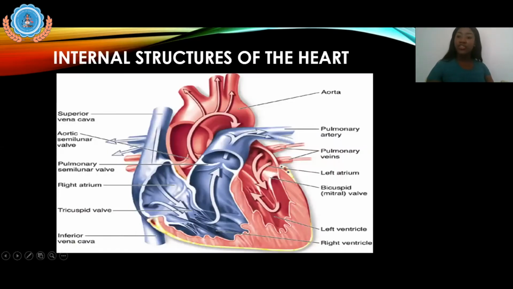So what are some internal structures of the heart? We have the superior vena cava. We have the different valves. We're going from the superior vena cava, the aortic semilunar valve, the pulmonary semilunar valve, the right atrium, the tricuspid valve, the inferior vena cava, the aorta, the pulmonary artery, the 2 pulmonary veins, the left atrium, the bicuspid valve, the left ventricle, the right ventricle.